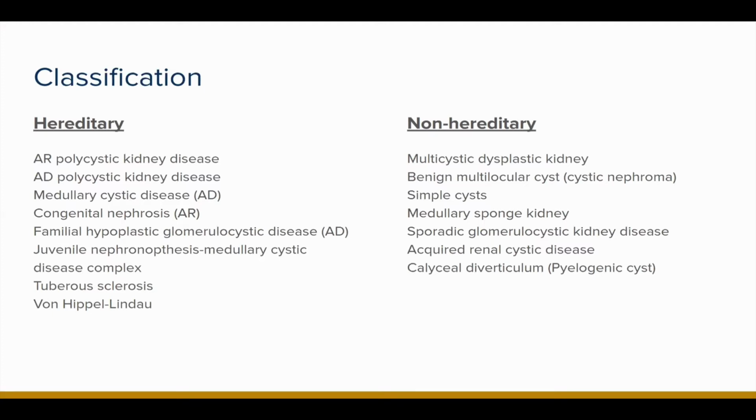Now, in comparison to autosomal recessive polycystic kidney disease, which tends to be poor prognosis and present in younger children, often with infant mortality related to pulmonary hypoplasia in utero. That's beyond the scope of this talk.